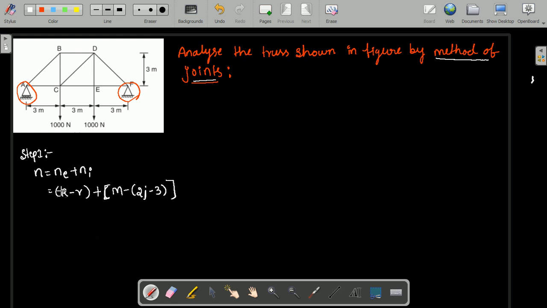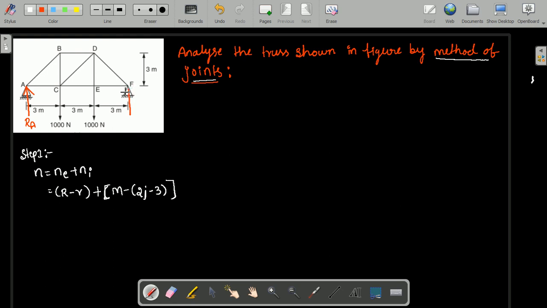Capital R is the number of reactions. Observe the given truss. At A it is supported with a roller support, and for a roller support we have only one reaction, let us call it RA.